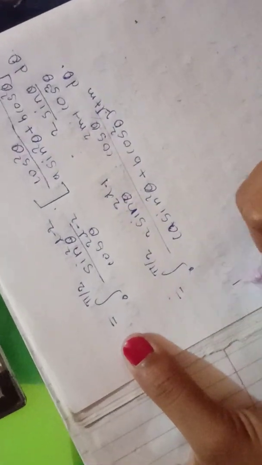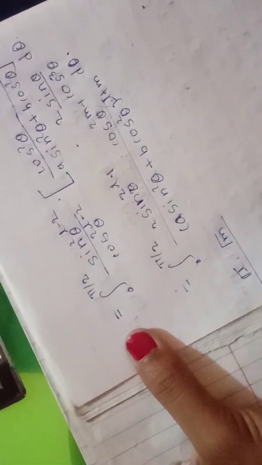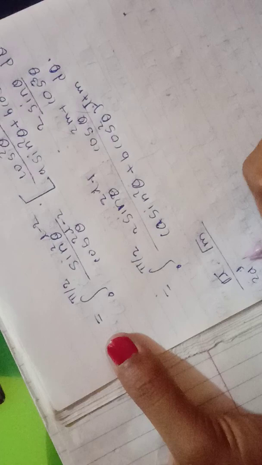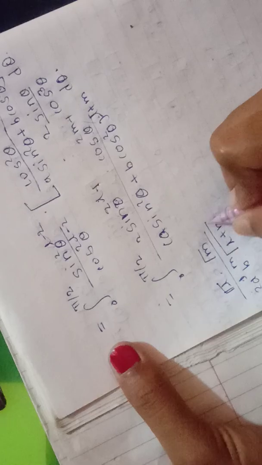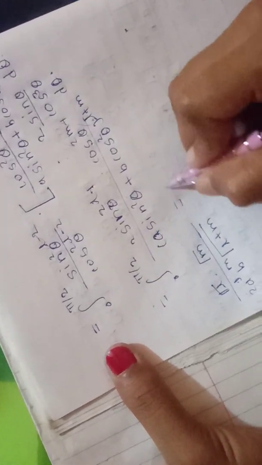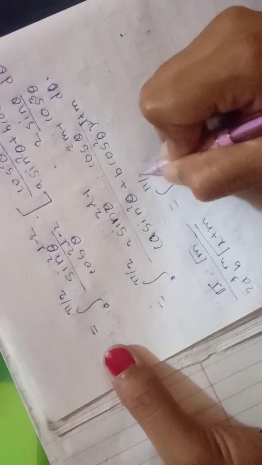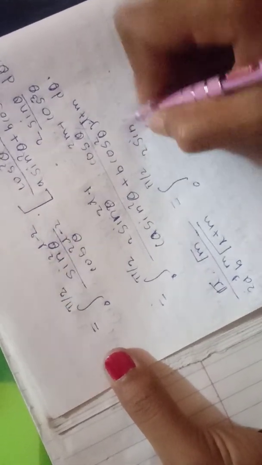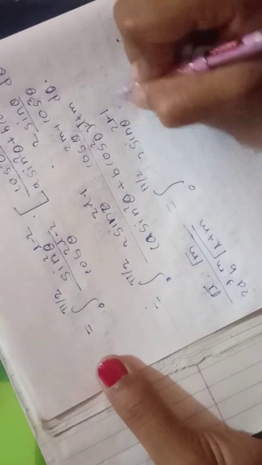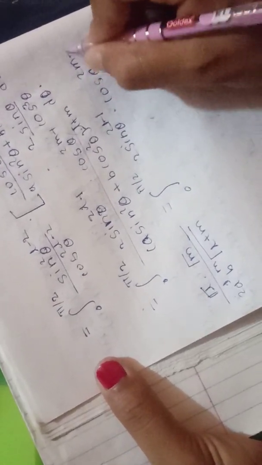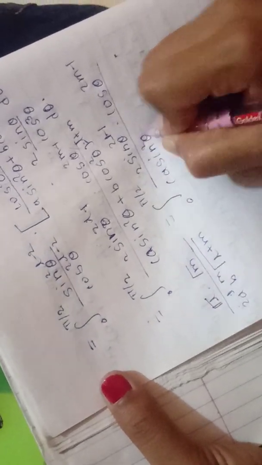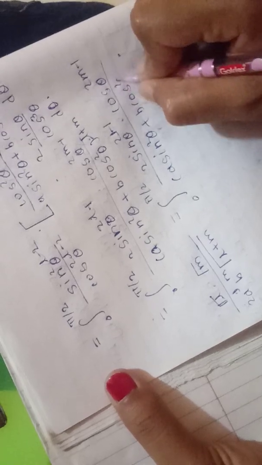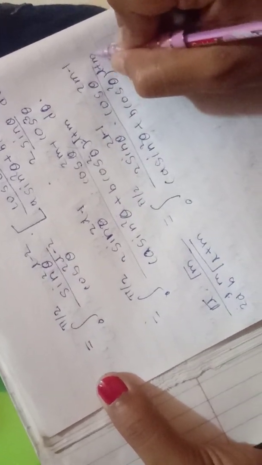So 1 upon 2 a raised to l, b raised to m, gamma of l into gamma of m divided by gamma of l plus m is equal to the integration from 0 to pi by 2 of sin theta raised to 2l minus 1 into cos theta raised to 2m minus 1 divided by (a sin square theta plus b cos square theta) raised to l plus m, d theta.